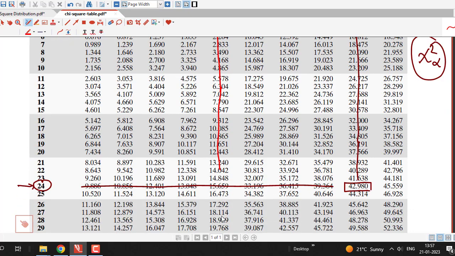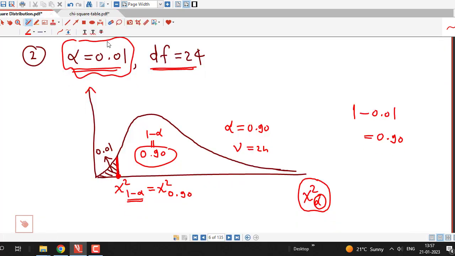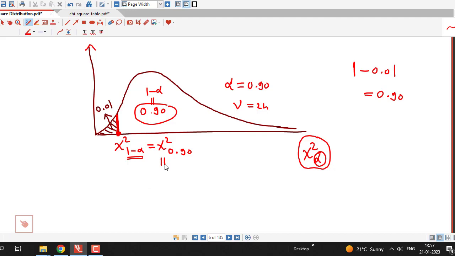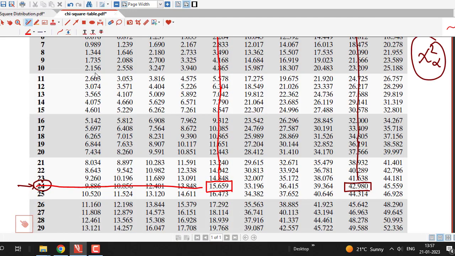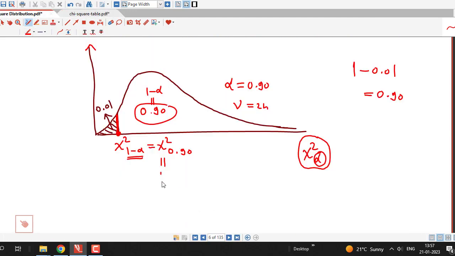So now we can consider this row 24, and this is the intersecting point, 15.659. So the chi-square critical value is 15.659.